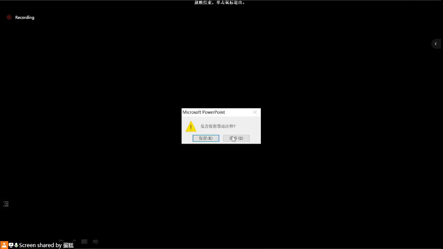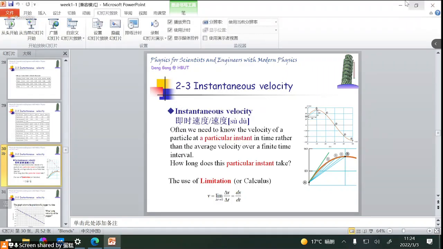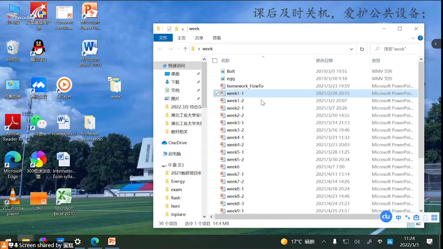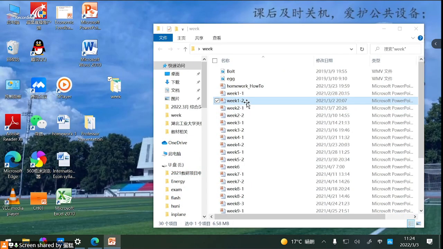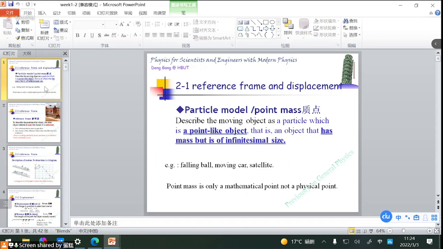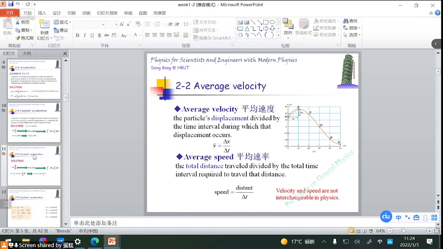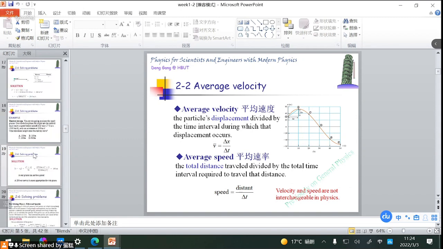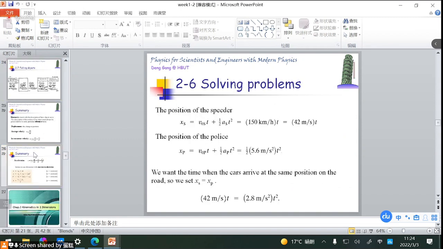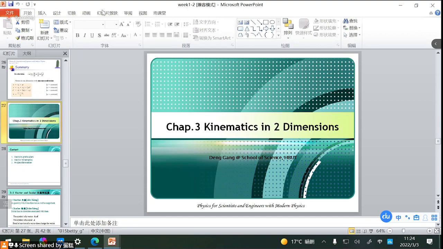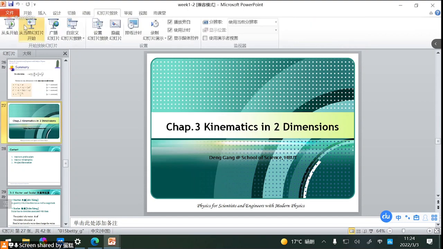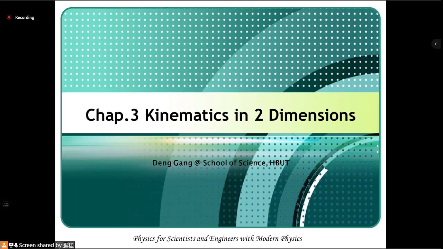Okay. So this is chapter 1, in one dimension. Then in chapter 3, we will move on to 2 dimensions.